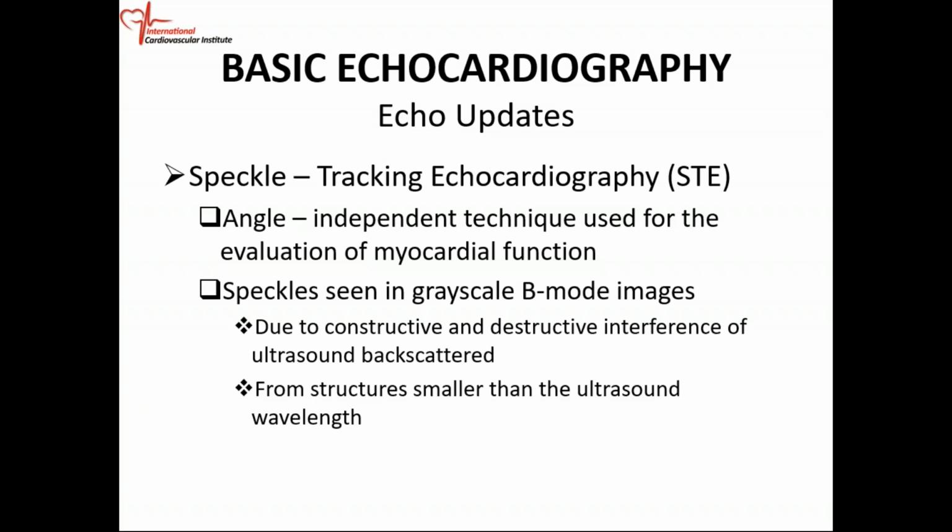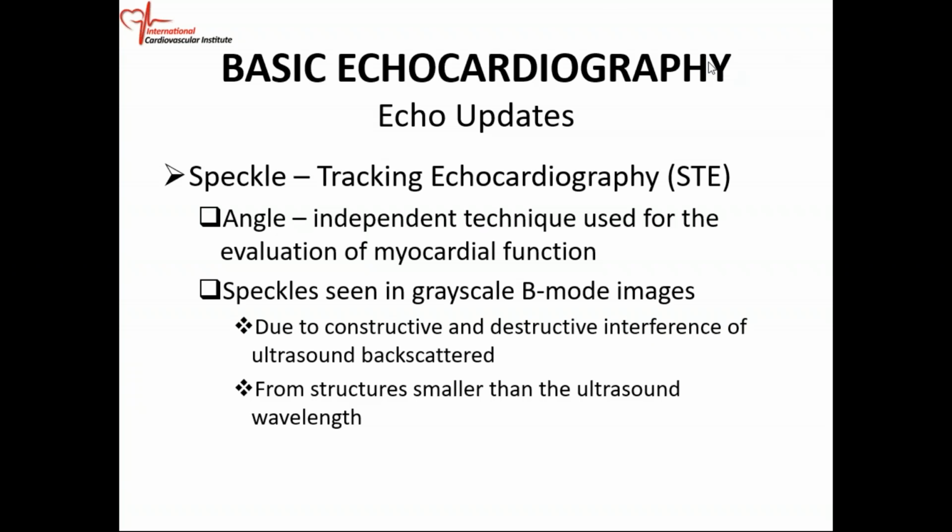Again, when you look at your grayscale echo, you're going to have varying shades of gray. Some look gray, some black, some light gray, because you have constructive and destructive interference throughout the image.